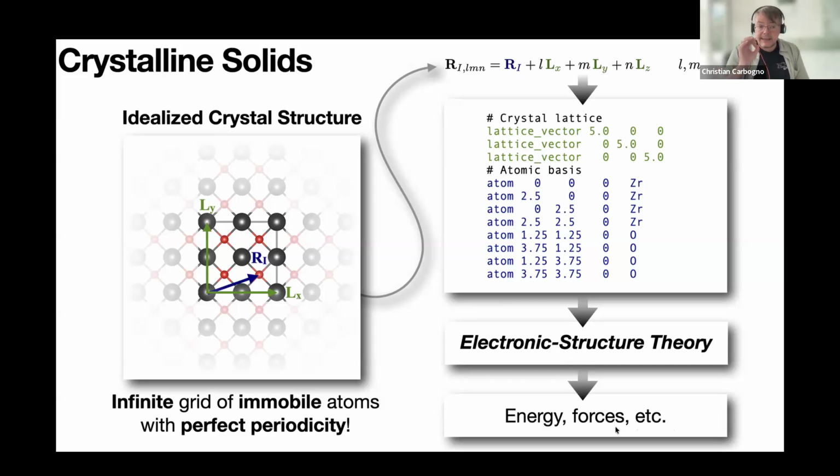But you get the energy and force for exactly this position. You don't get any more information. You don't get any information about how the atoms move. If you want to know how the atoms move, you have to go beyond standard density functional theory.